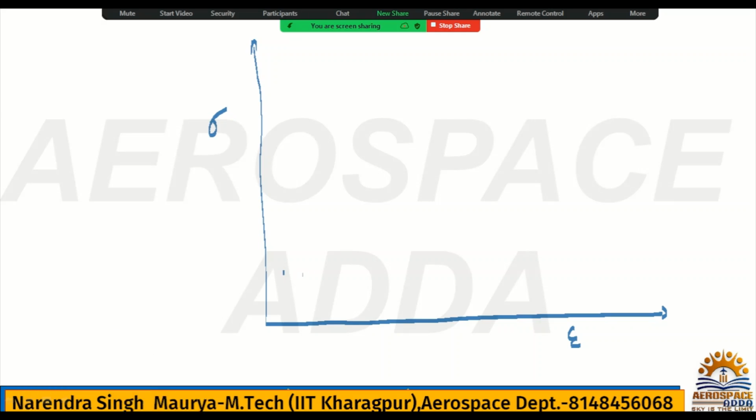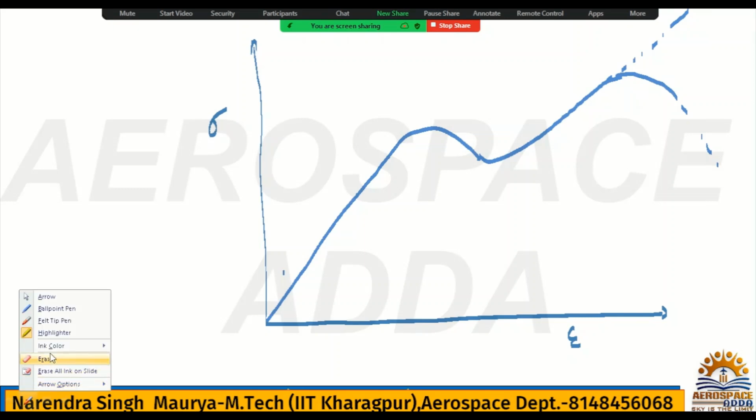In the UTM machine you will get the graph. There will be a monitor, and on the monitor you will be able to see this type of graph.